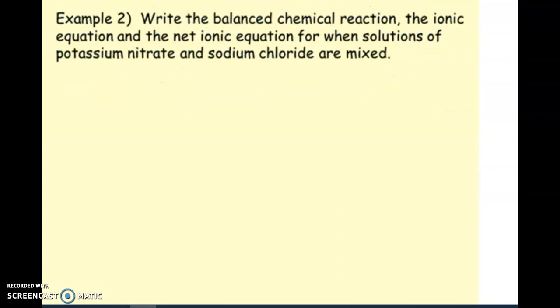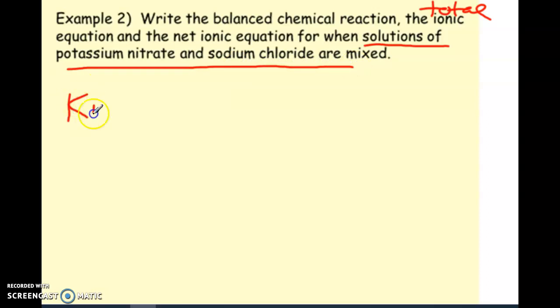Okay, let's look at another reaction here as an example. So write the balanced chemical equation, the ionic equation. Sometimes this is also referred to as the total ionic equation, just so you're aware. And the net ionic equation, so when we have solutions of potassium nitrate and sodium chloride being mixed.